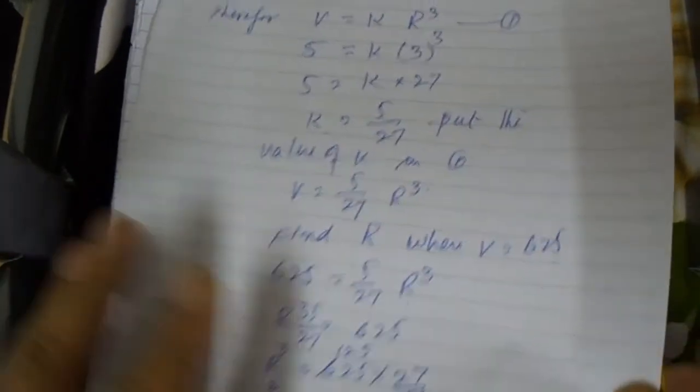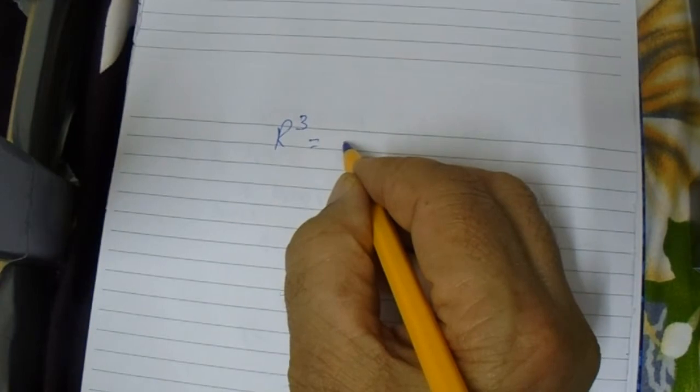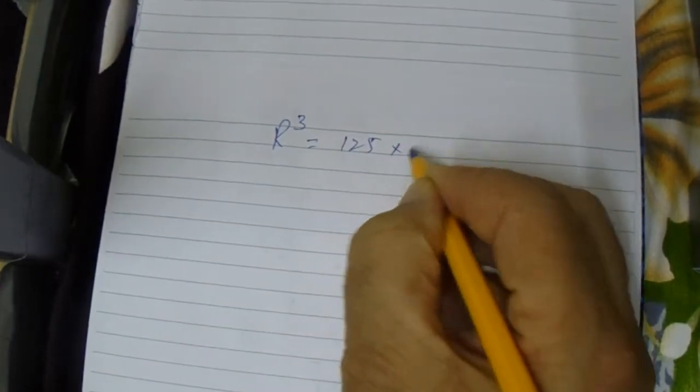Now we write again, R cubed is equal to 125 and 27.